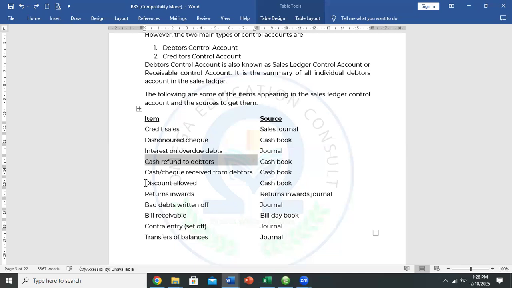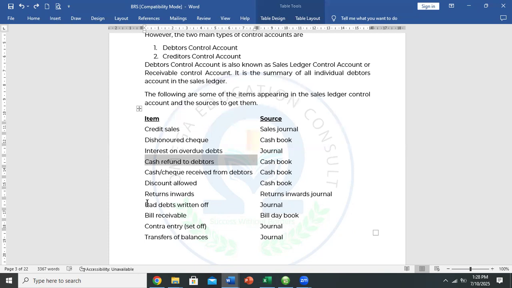Then returns inwards. We are all familiar with returns inwards: goods returned to the business by customers or debtors. Then bad debt. When we say bad debt, it means debts that are deemed irrecoverable, or debts that look uncollectible. If somebody owes you and you can determine that this person will not pay, then that is a bad debt.